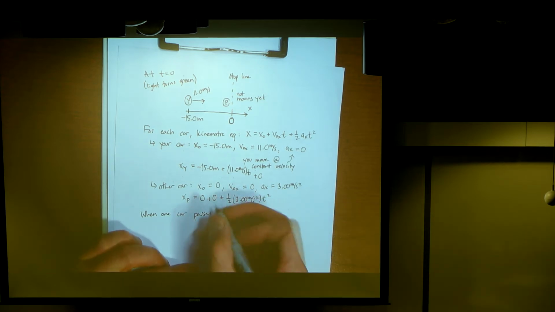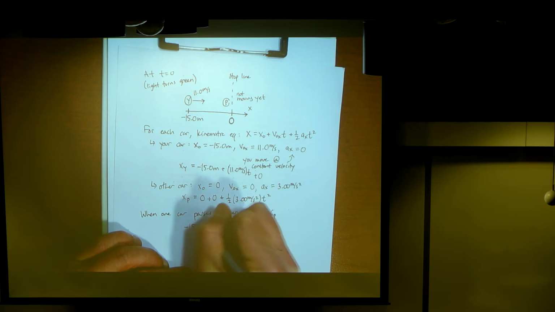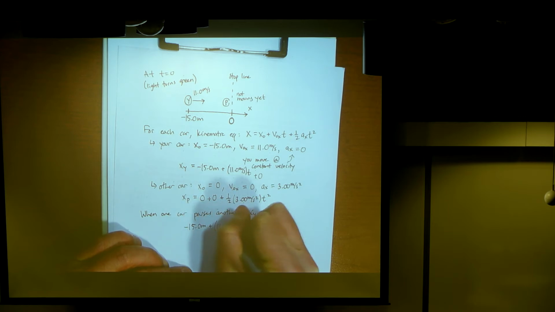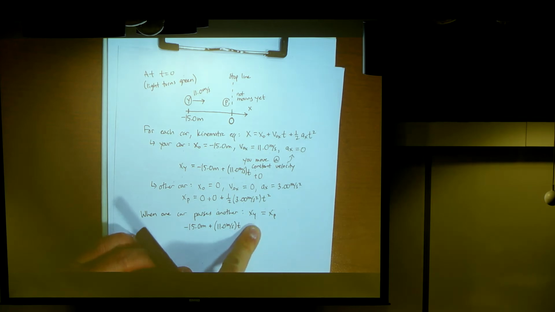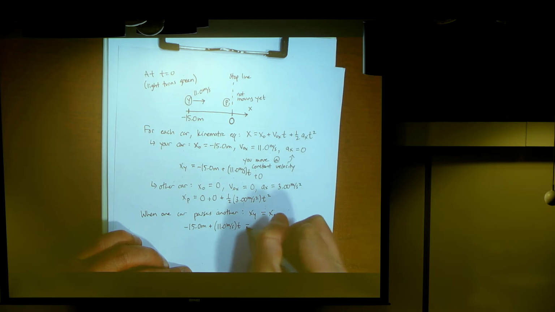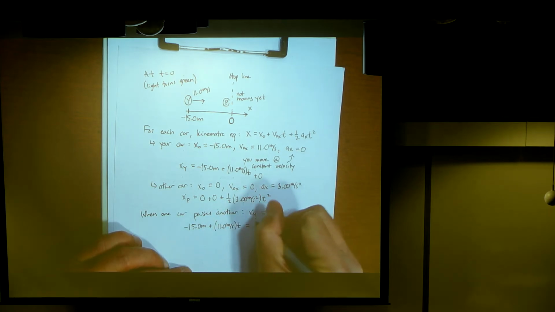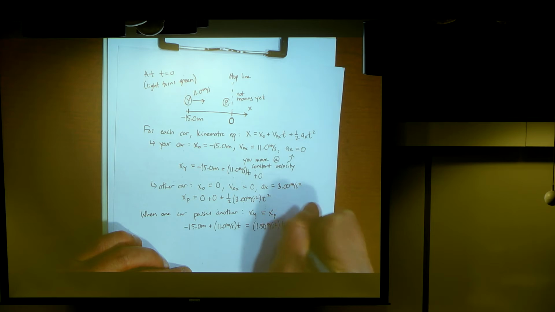So that gives us minus 15 meters plus 11.0 meters per second t. That's x_y. And then we have equaling x_p on the other side, which is a half of 3, or 1.5 meters per second squared times t squared.